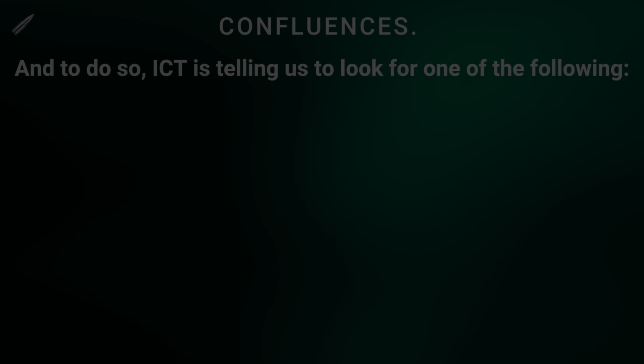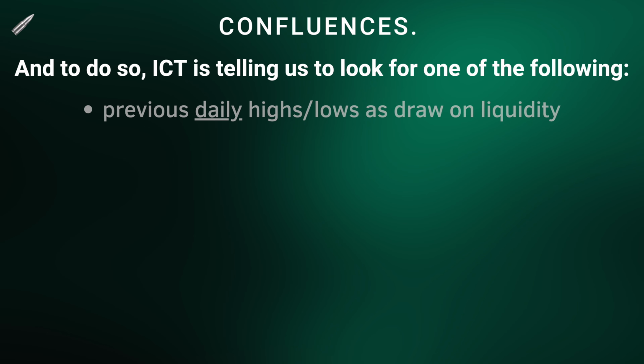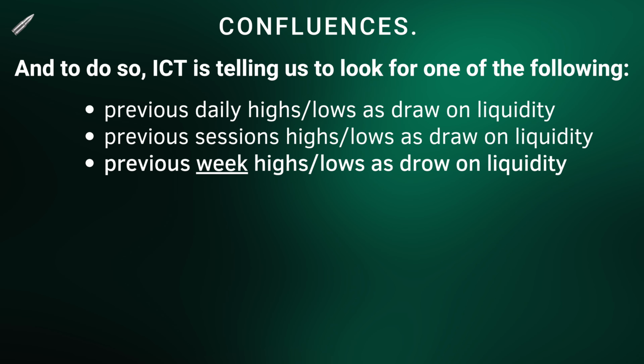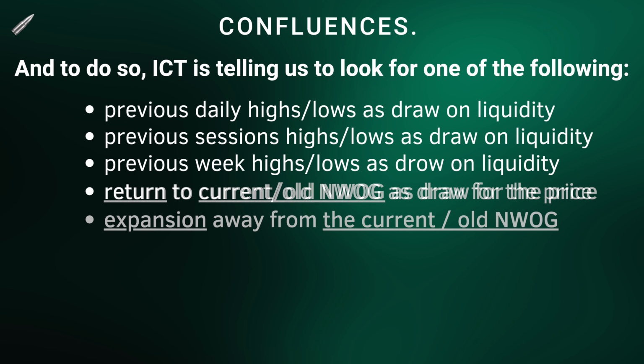So let's start. ICT is telling us to look for one or a combination of the following: previous day highs and lows as drawn liquidity, previous session high or low as drawn liquidity, previous week highs and lows as drawn liquidity, a possible return to the current or to an old New Week Opening Gap as a draw for the price, an expansion away from the current or old New Week Opening Gap.